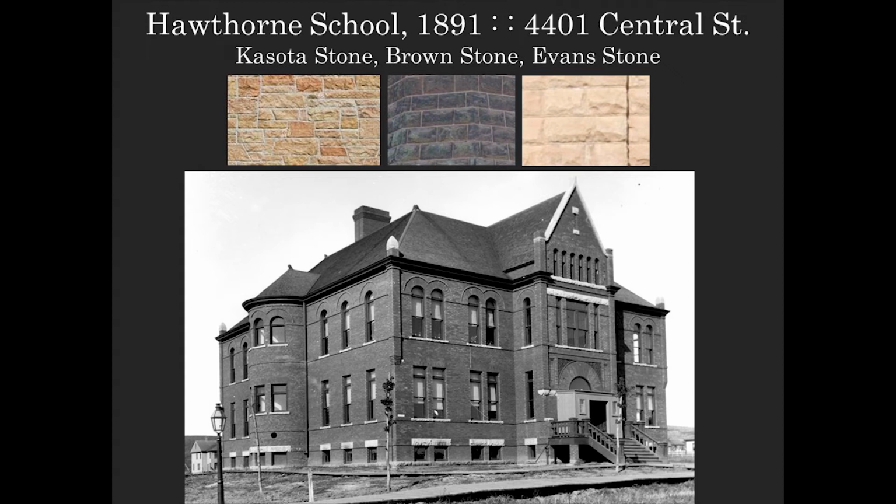Well, none of those are the case, and we can see there's some trim there that looks like it may have been done in Evans stone, but most of the building is just clad in brick. It was probably a cost-saving measure, but you can see some of the elements of this building are very much Richardsonian Romanesque, like the rounded tower you can see there on the left-hand side of the screen, the rounded Roman arches, and the rounded Roman arches on the dormer on the right-hand side.